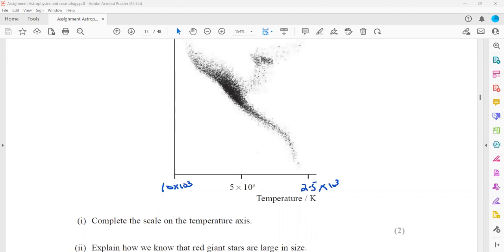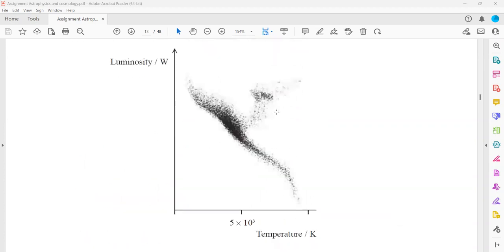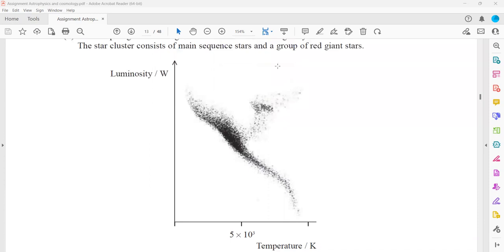Then explain how we know that the red giant stars are large in size. How do we know they're large in size? Because the luminosity is proportional to the fourth power of temperature and the surface area, according to the Stefan-Boltzmann law.